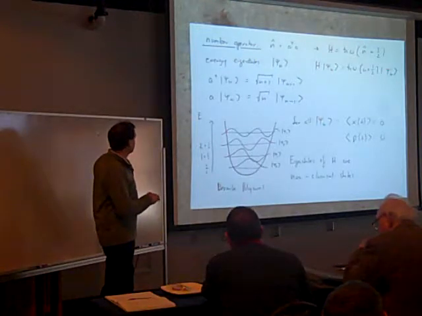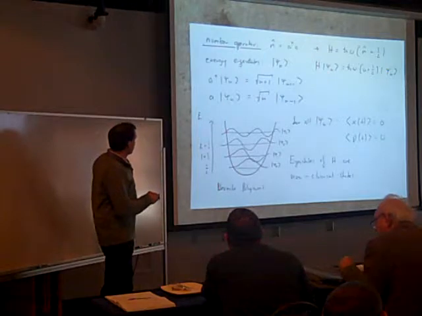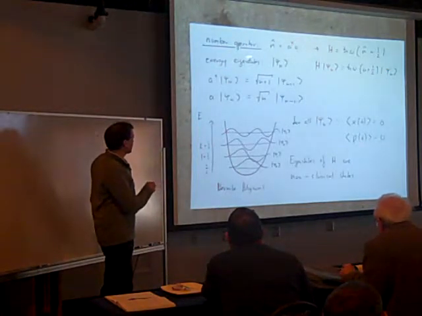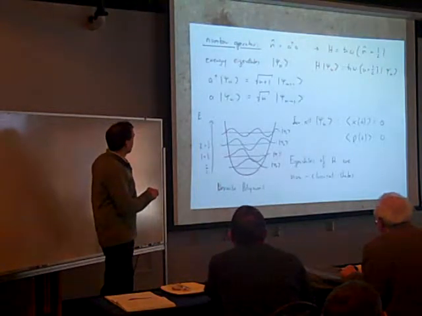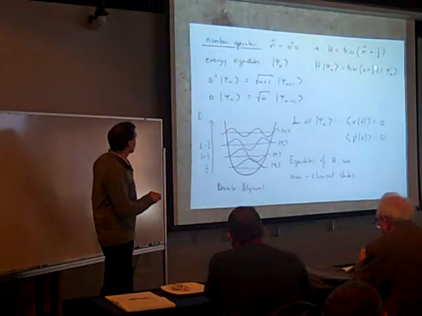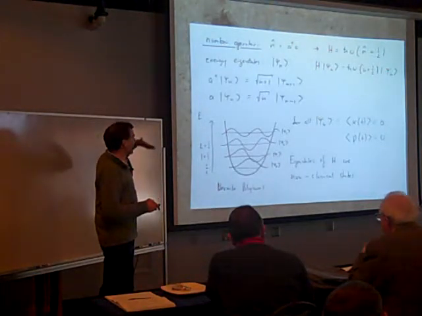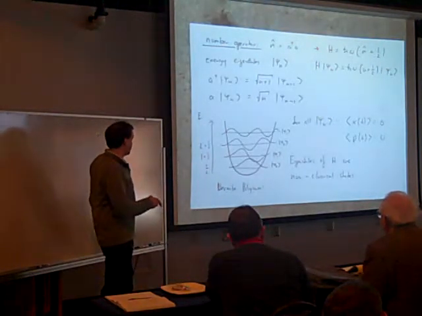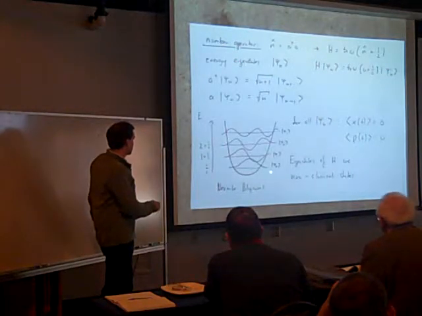I didn't do this here, but what you find is that you have these energy eigenstates, labeled with n. And the eigenvalue of the number operator is just how many excitations you have in a harmonic oscillator.